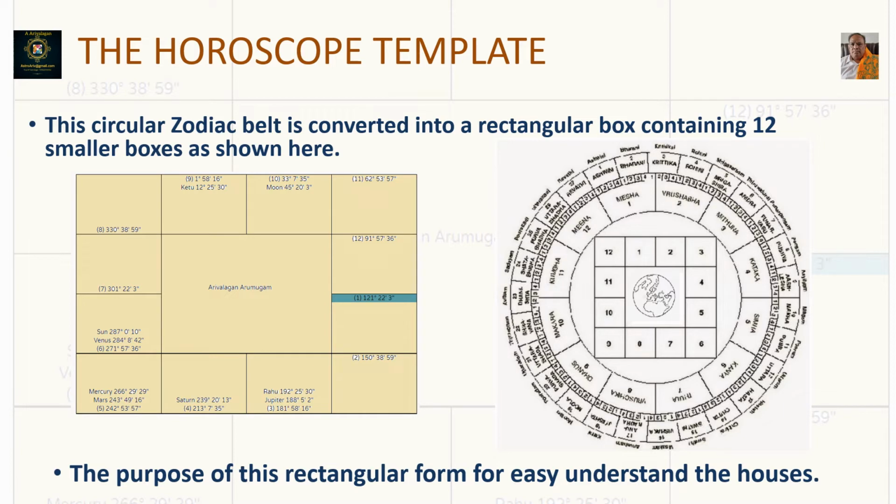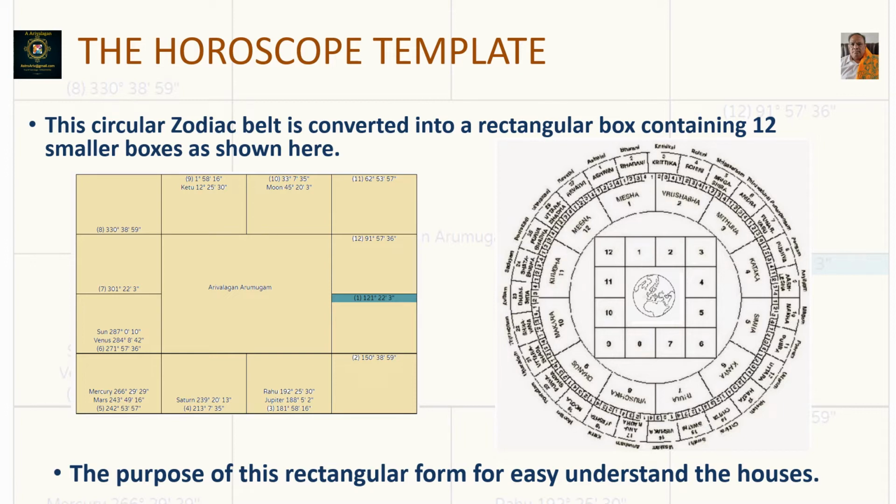Once you see this template, it is actually derived from the zodiac belt, and the 12 divisions are written as 12 boxes, and only in each box the planet positions will be there. This rectangular form is for easy understanding of the houses.